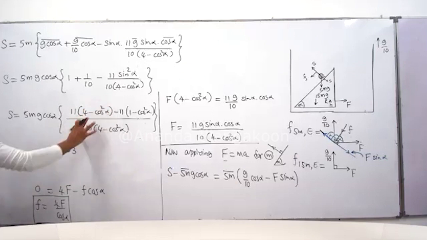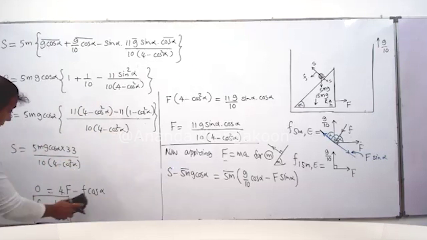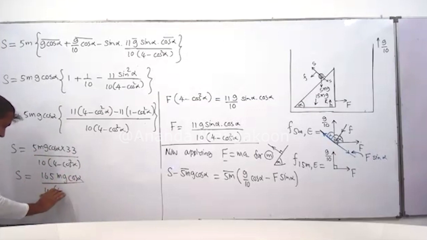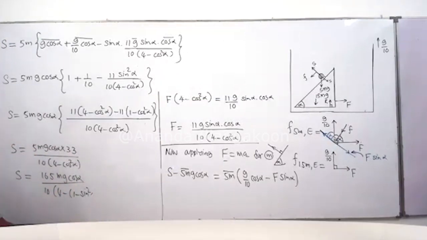Then here we have 33 in the numerator, multiplied by this 5, divided by this part: 5mg cos alpha multiplied by 33, divided by 10 times 4 minus cos squared alpha. Correct, no? Then this cos squared alpha I can write as 1 minus sin squared alpha. 5mg into 33 means 165mg cos alpha divided by 10 times 4 minus, this is 1 minus sin squared alpha.